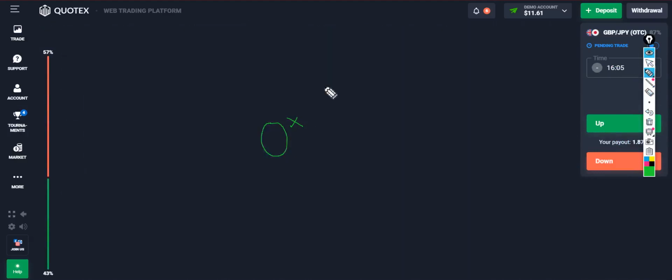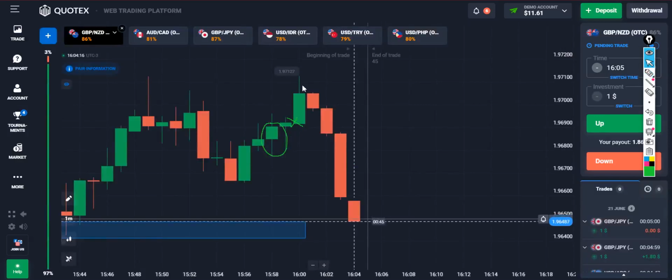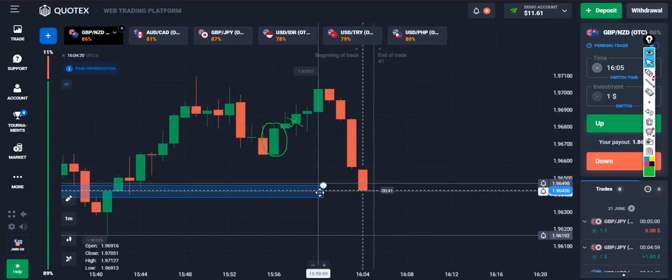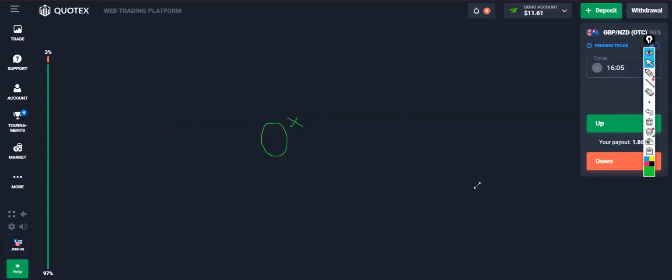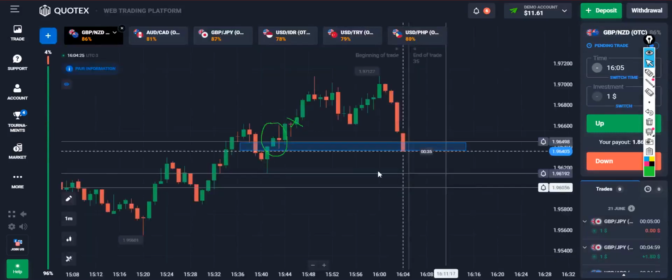So GBP NZD. So here is the gap area. Okay, the market is going down.